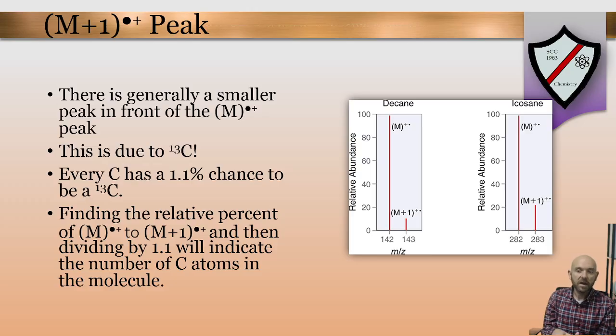And so that extra peak that we see there, that's why the molecular ion peak is always the tallest one, because most of the molecular ions are going to be all carbon 12, but 1.1 percent of them are going to include one carbon 13 in their structure. And so normalizing them to 100% allows us to exploit this factor to be able to determine how many carbons are in our molecule using this information.